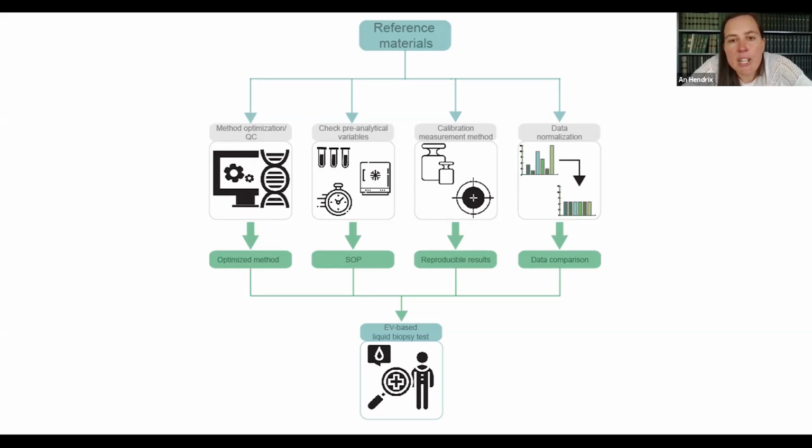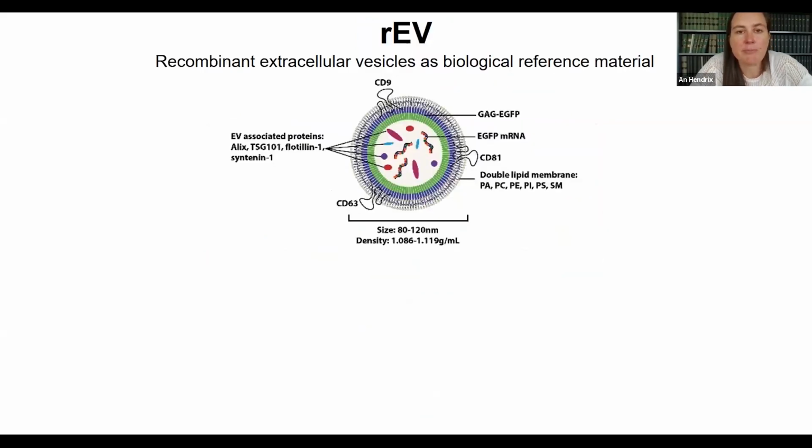It can also help in calibrating the measurement methods that we use to quantify the number of extracellular vesicles, and it can increase the reproducibility of the results. And of course, it can assist in data normalization so that we are able to mitigate for technical variability that is measured between different samples to reveal the true biological heterogeneity.